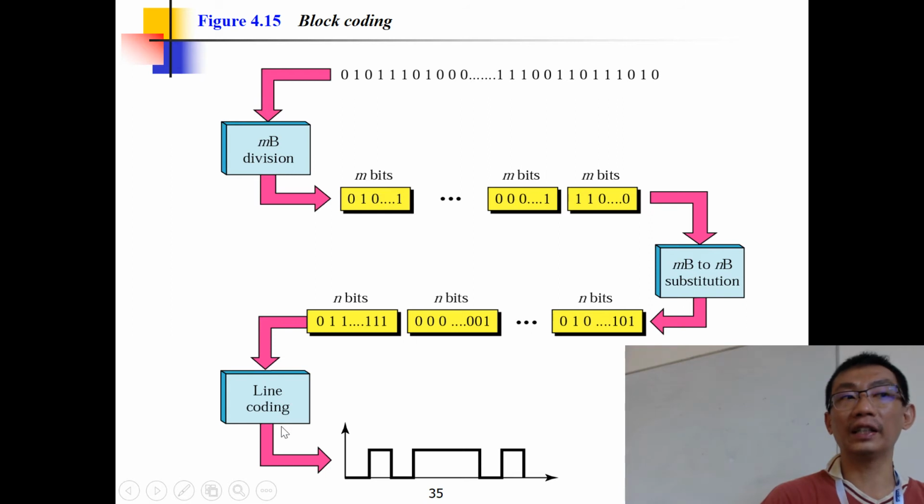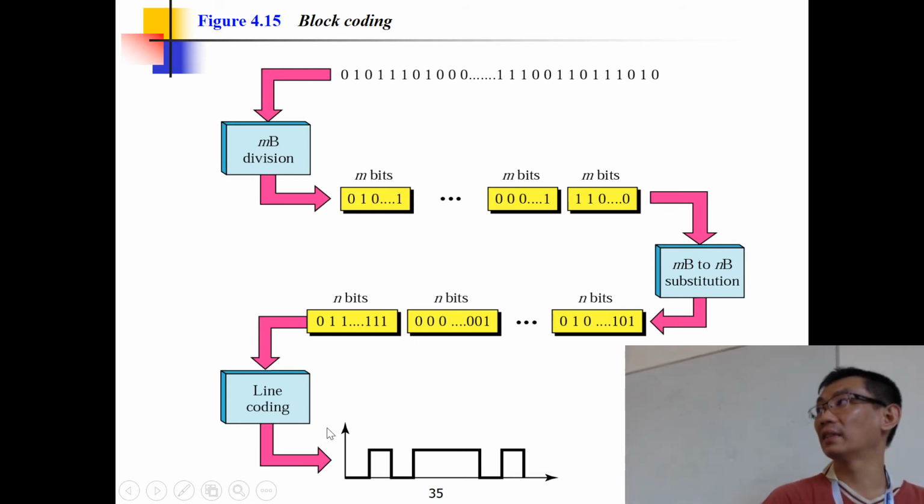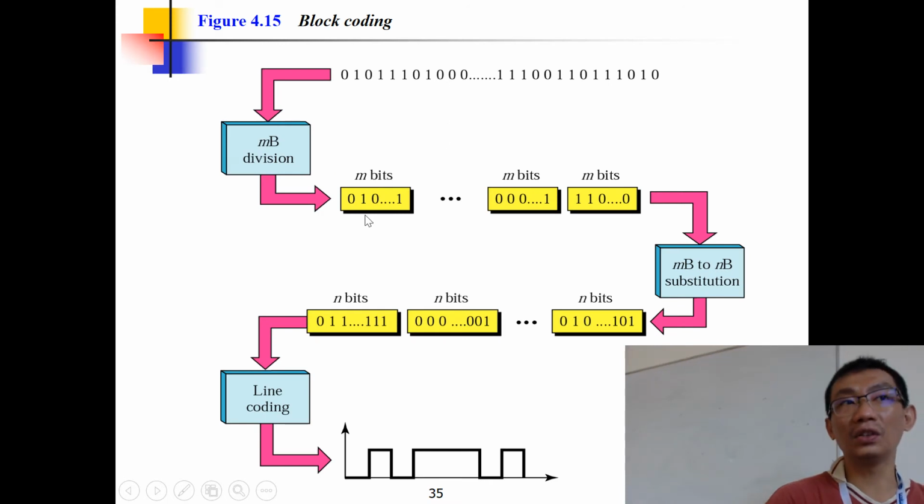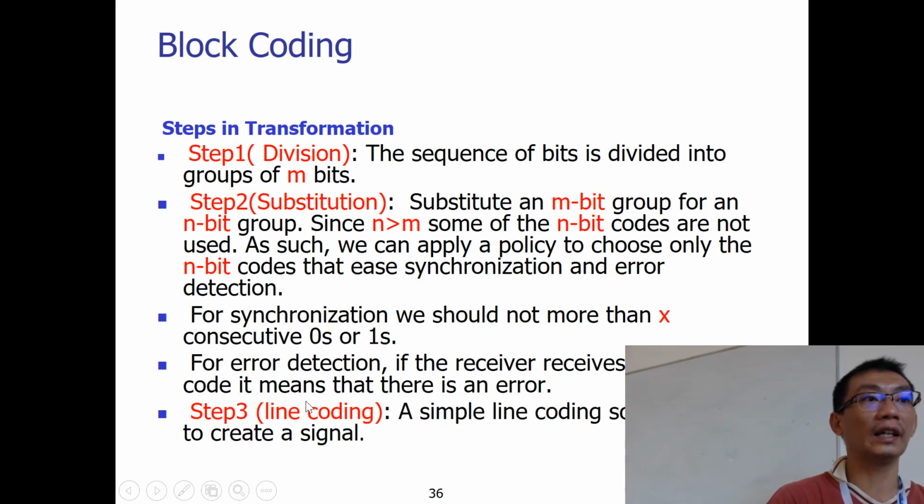And then you put it in the line coding. The line coding you use NRZ. Okay. So basically you divide all your data into 4 bits. Then based on this 4 bit you're going to map it to 5 bits. And then this 5 bit you're going to put it in the line coding, which is simple.